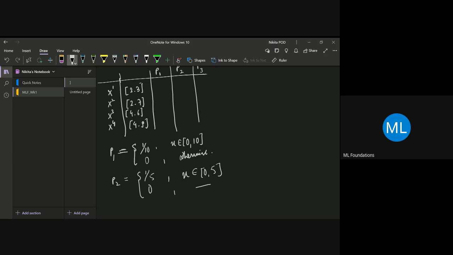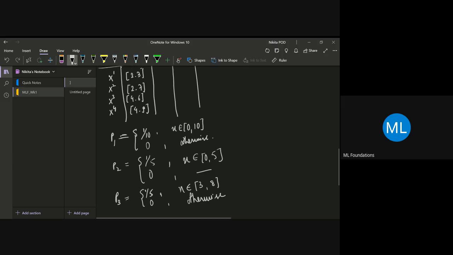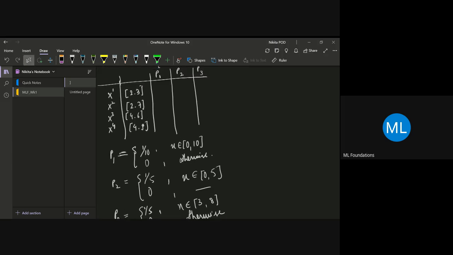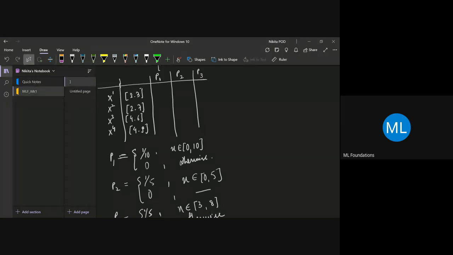Similarly, I have P3, a different model, which gives the value 1 by 5 when x belongs to 3 comma 8, and 0 otherwise. So you have three models here. Now you want to check for which of these models the loss function is going to be the least.